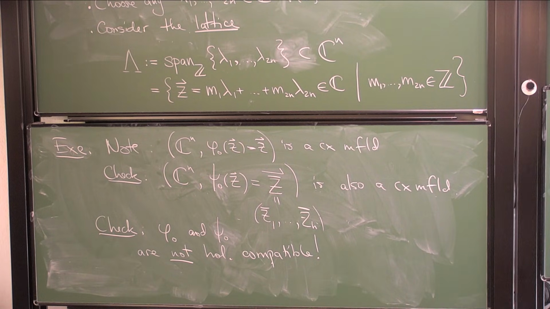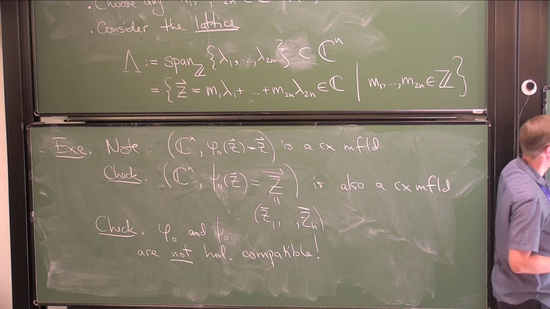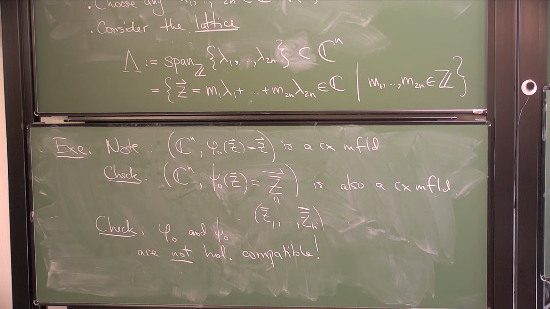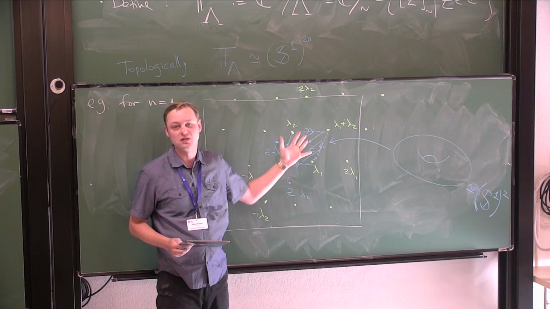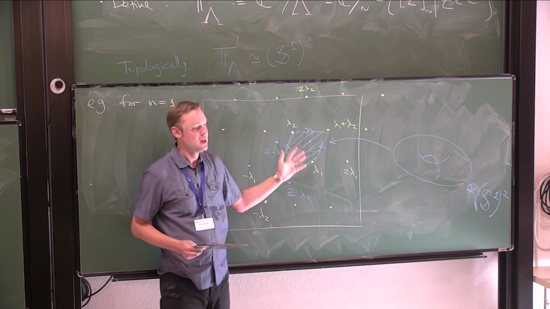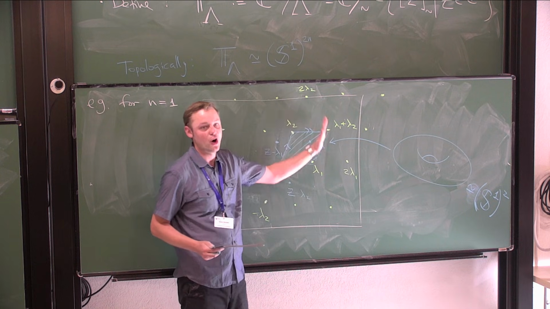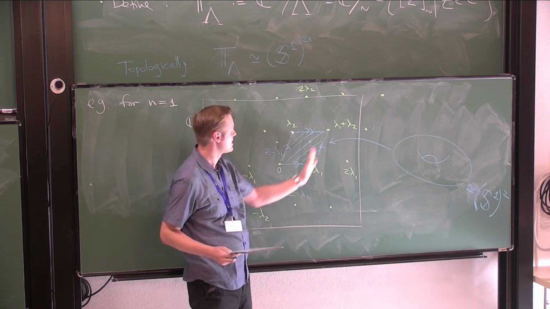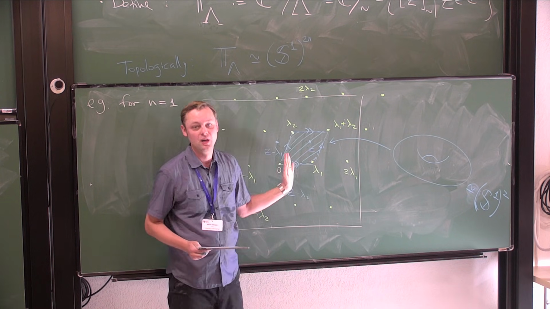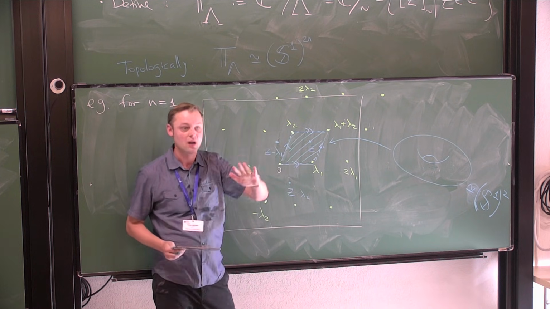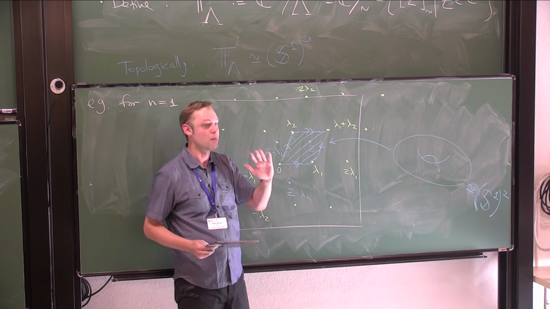Okay, so the penultimate thing I want to remark about this is that this is your first example of a complex manifold where a single global chart doesn't exist. What would I need to do? I need to be able to cover this entire parallelogram with an open set that gives me a true one-to-one image to the complex plane.